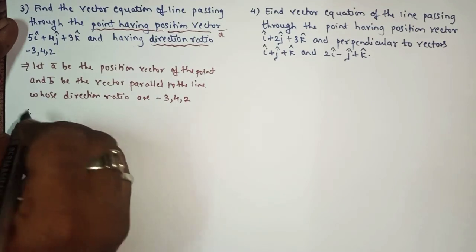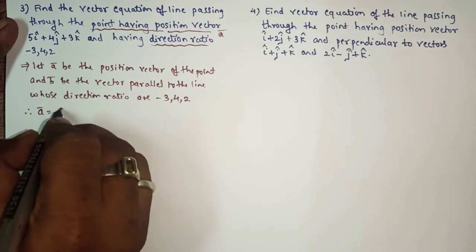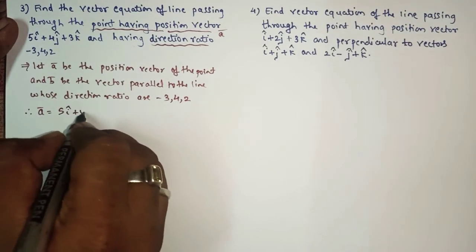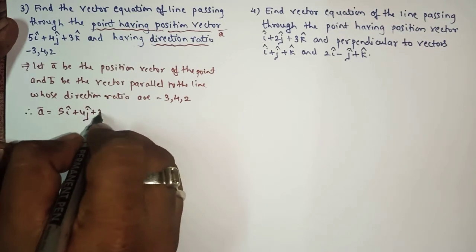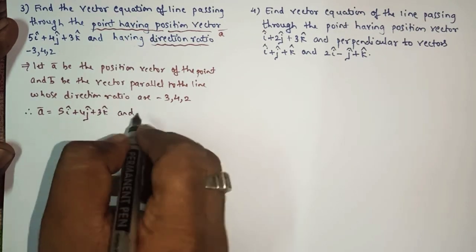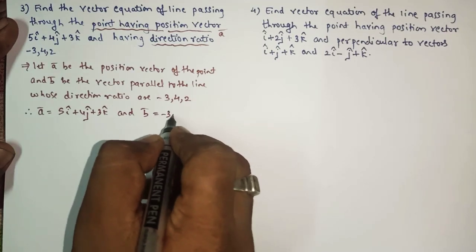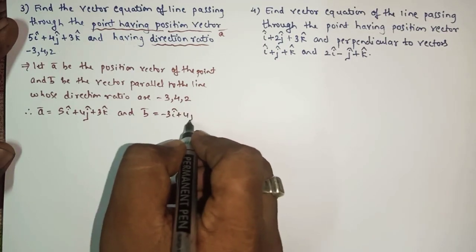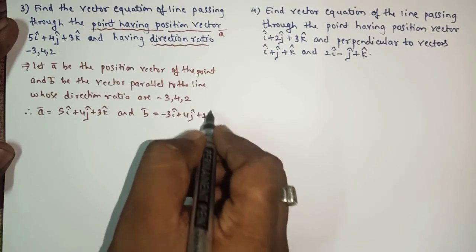So therefore A bar will be what? 5i plus 4j plus 3k, and B bar will be what? Minus 3i plus 4j plus 2k.